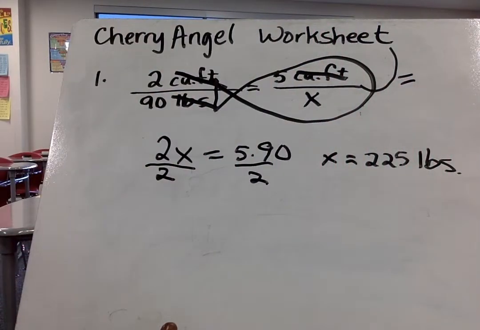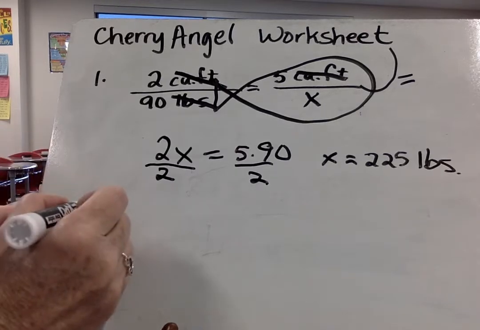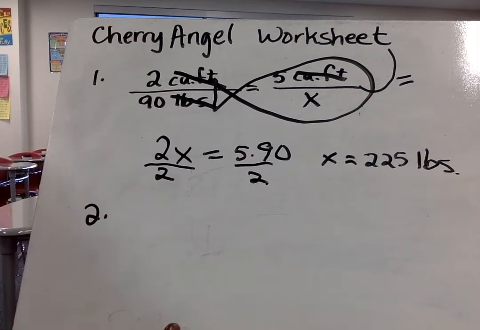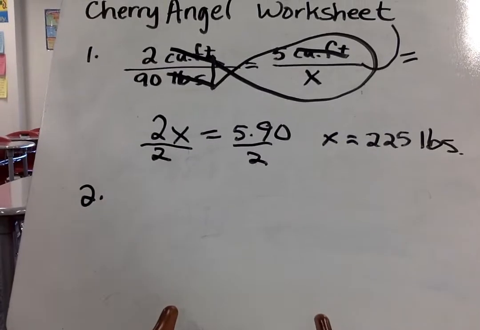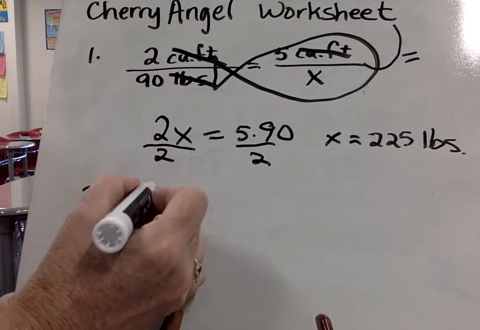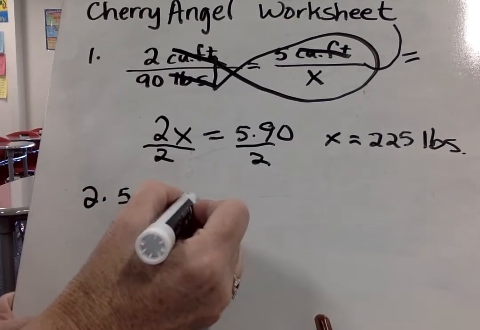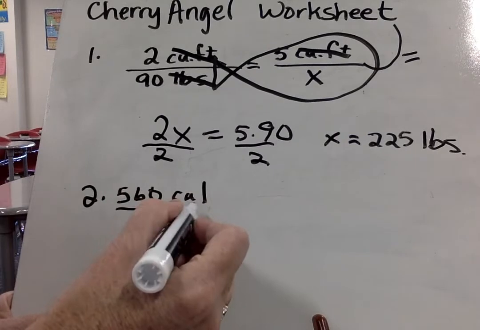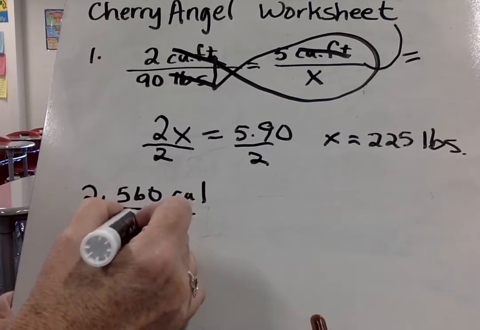Next, we go on to number 2. And again, we're going to set it up. Number 2 is if there are 560 calories. So we write 560 calories. So I want to make sure calories over 8 ounces of meat.